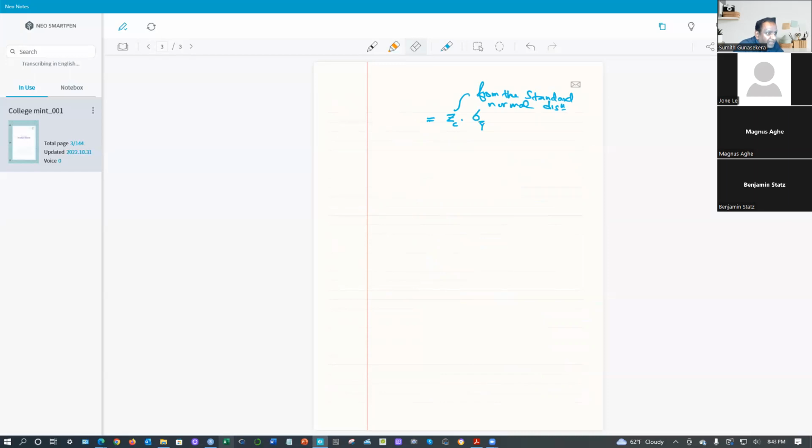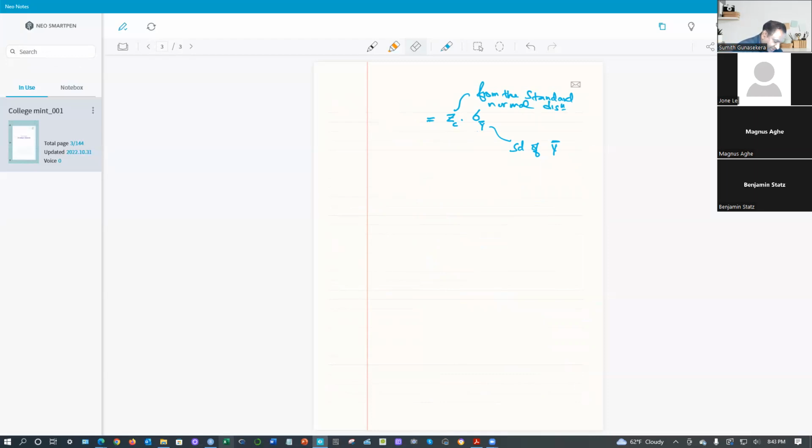This is the one that we are seeing. Standard deviation is denoted by sigma, so this is the standard deviation of y bar.